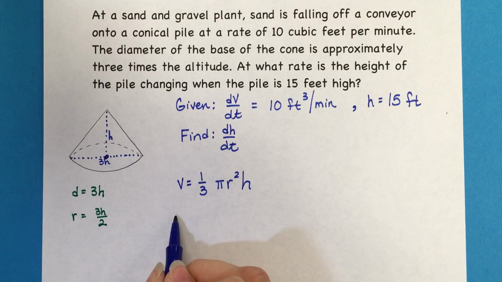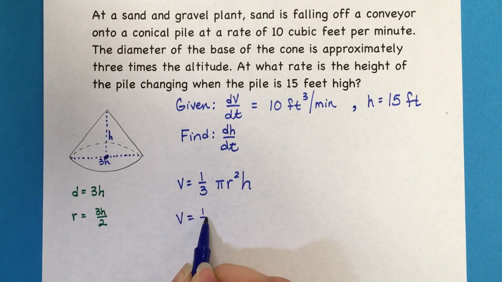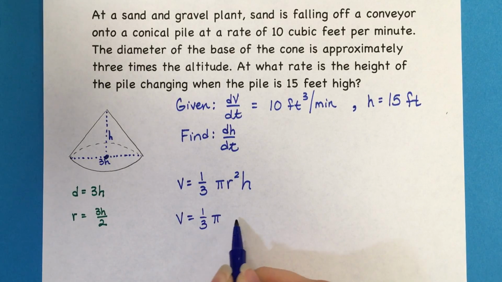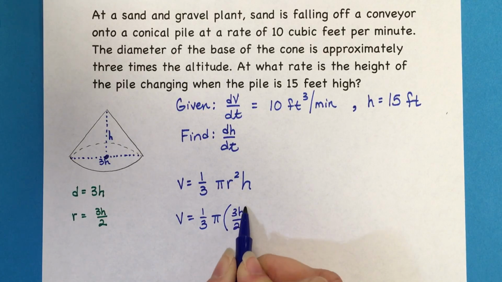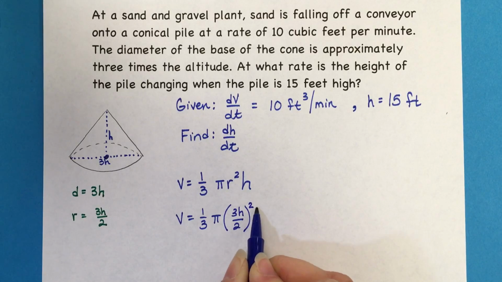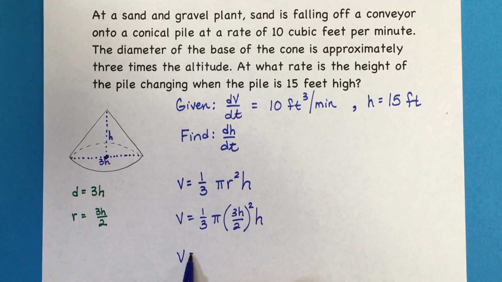I'm going to come back to my formula over here, and in place of r, we have 3h divided by 2. Of course, that will have to be squared, and then times h. So what we've got to do is do the multiplication here.